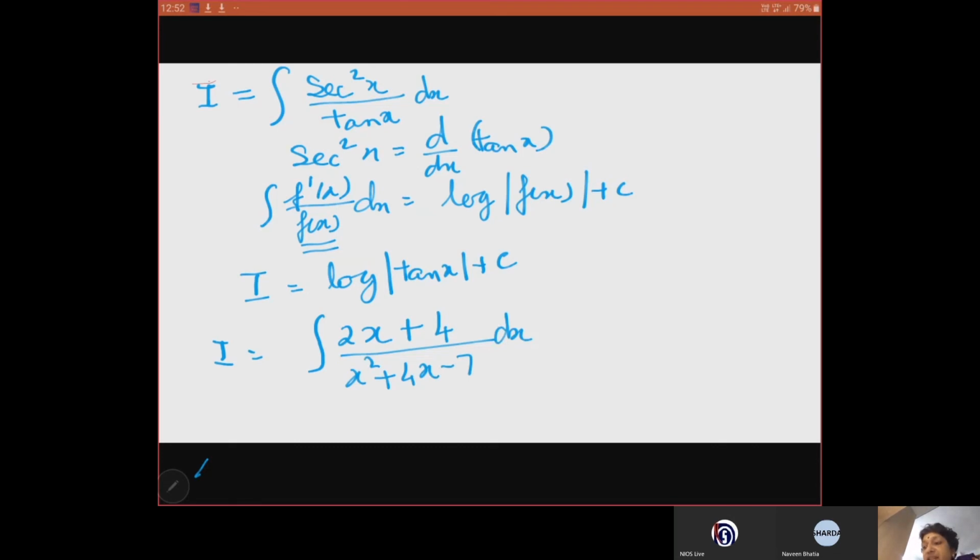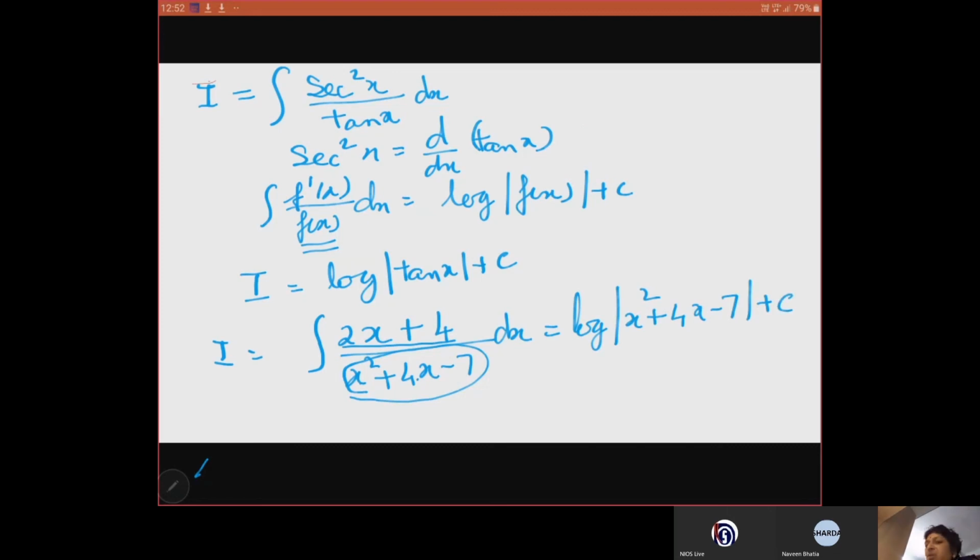Looks quite complicated, but is it? What is the derivative of the denominator? Yes, 2x + 4, which is there in the numerator. So what is the answer to this? Log |x² + 4x − 7| + c.